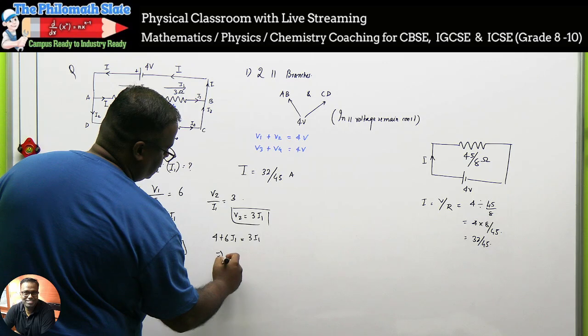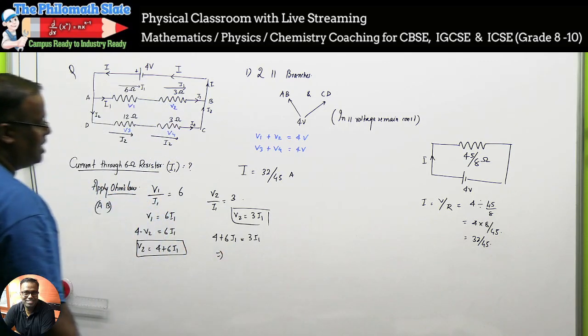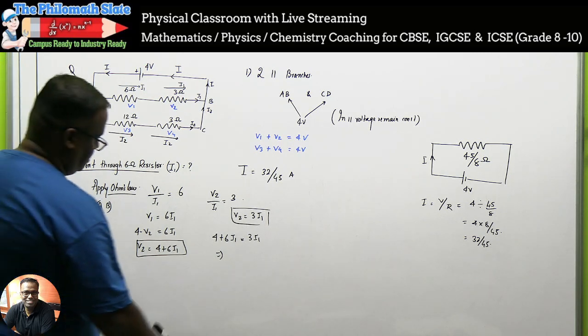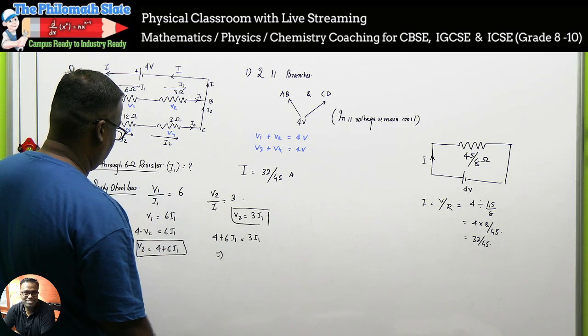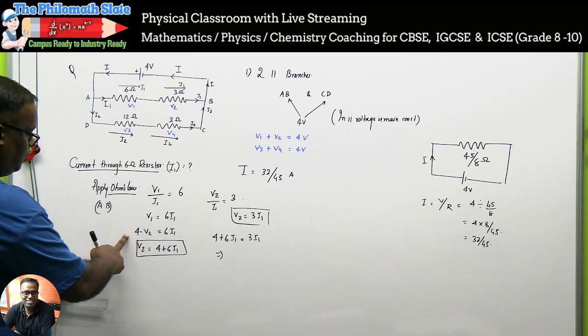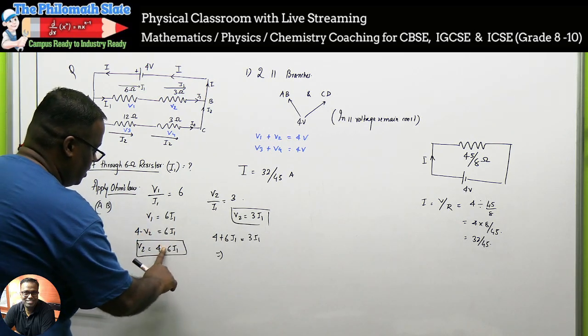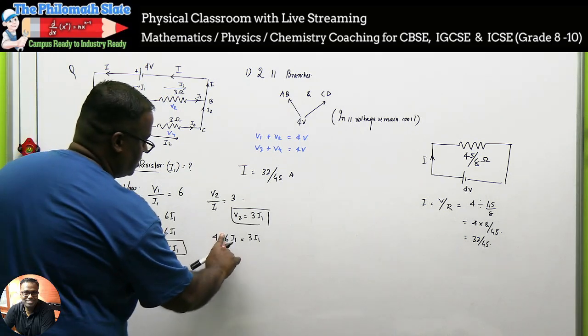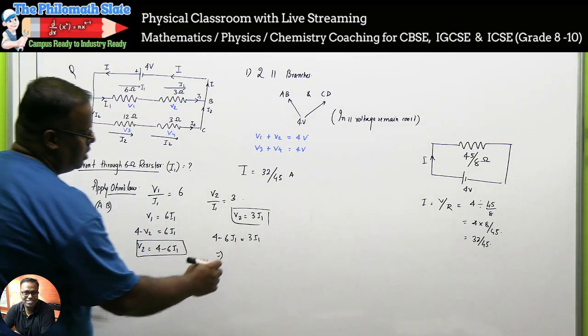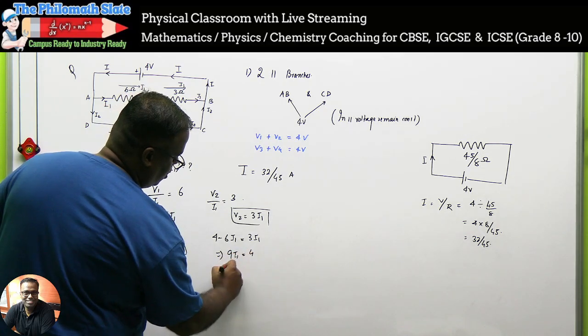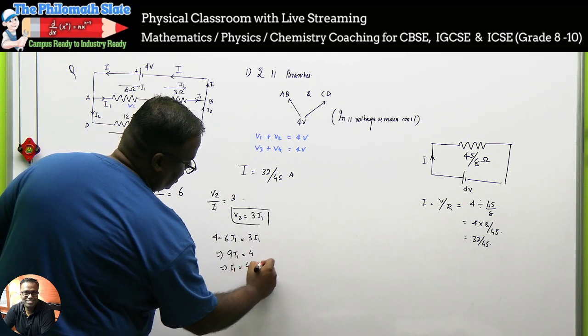A minus sign came up, something went wrong. Wait, yes, 6 I1 goes to the other side. So this becomes 9 I1 is equal to 4, and I1 comes out to 4 by 9 amperes.